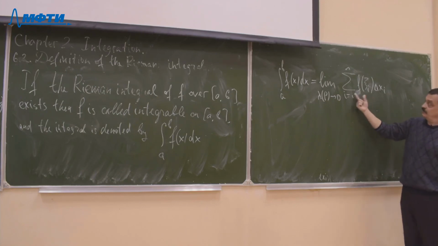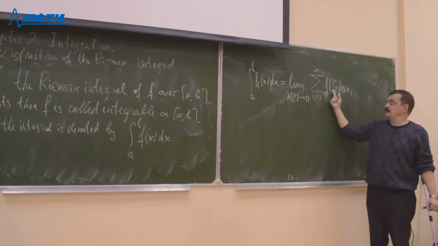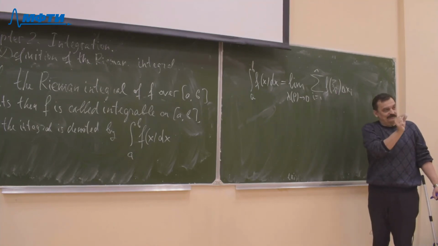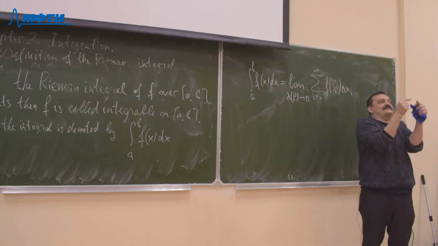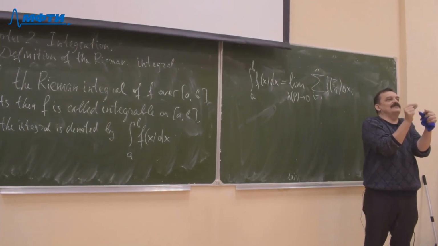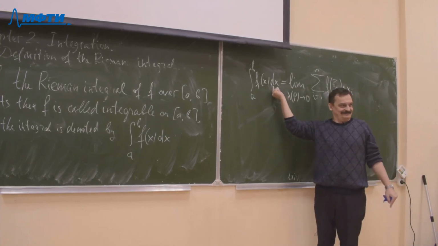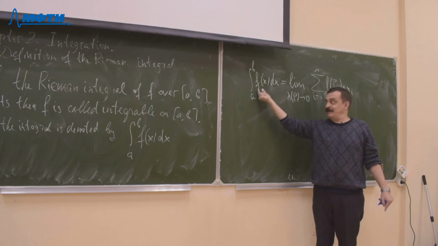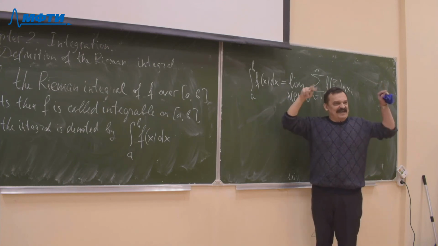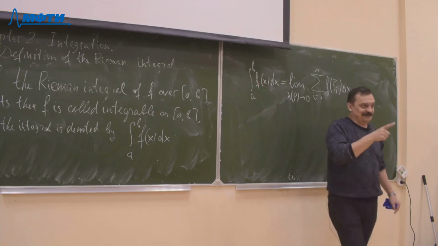roughly speaking. Here we took finitely many terms like that. We multiply a value of the function at a point times the length of a small interval, right? Now the lengths of those small intervals tend to 0. They become infinitely small. So we have infinitely small intervals, multiply them by the corresponding values, and we sum them over all points x over the interval [a, b].